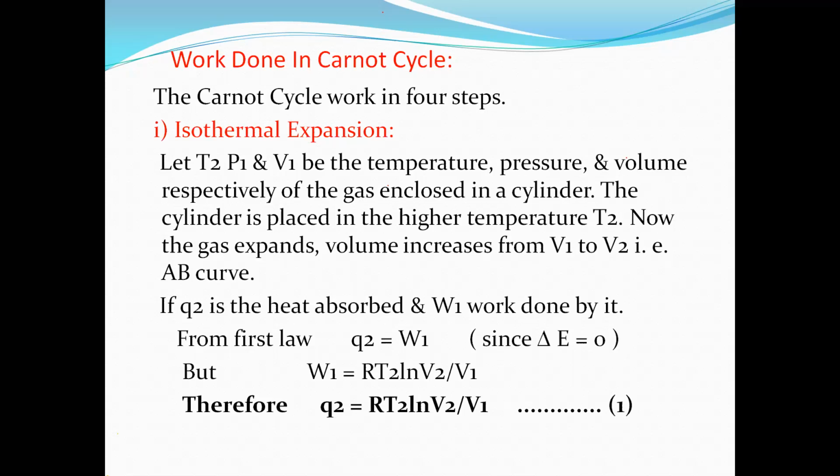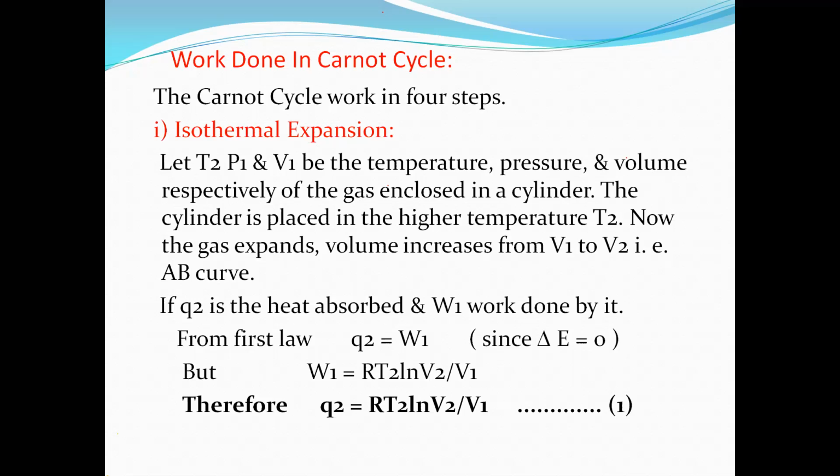In isothermal compression we have to obtain the work done, denoted by W3. And lastly, adiabatic compression, and we have to obtain the work done in adiabatic compression, denoted by W4.